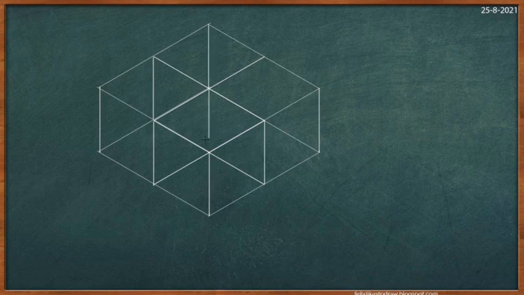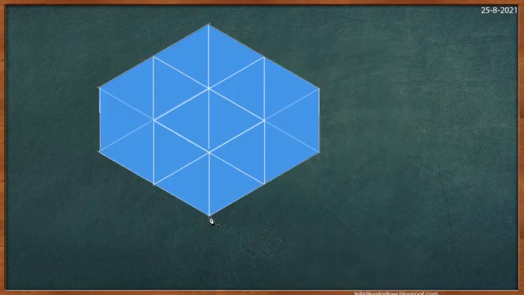Can you see that this is a box? Can you see a box over there? This is a rectangular square box. Square from the top, rectangle from the side.